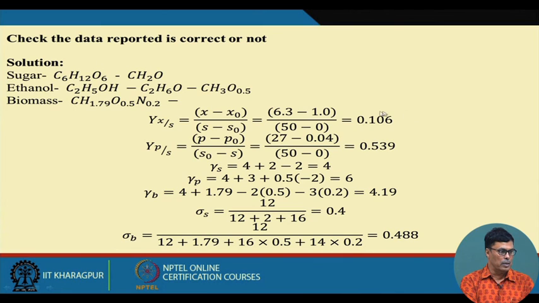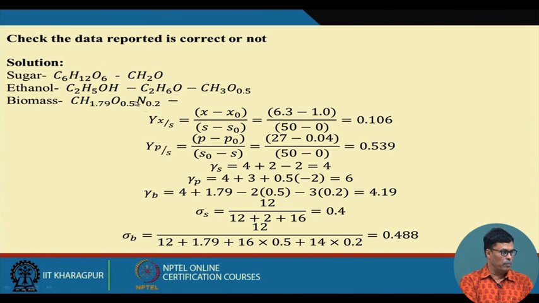This ratio is coming about 0.106. Now P by S is coming like this. This is a little bit of a mistake. This should be S0 minus S, and here it is P minus P0. This is coming about 0.539.